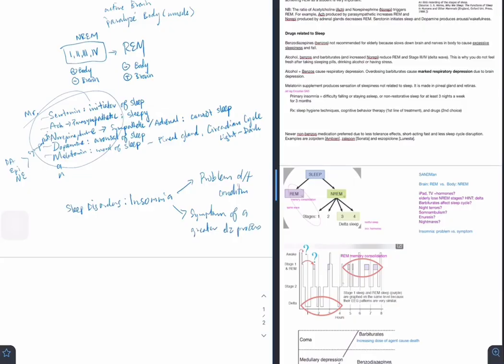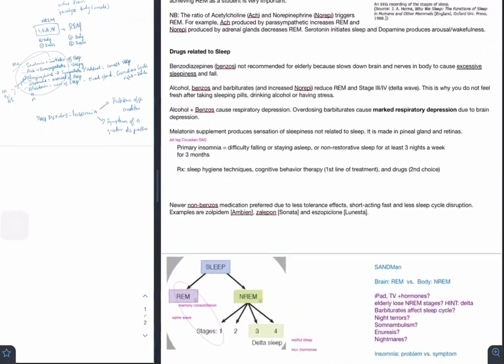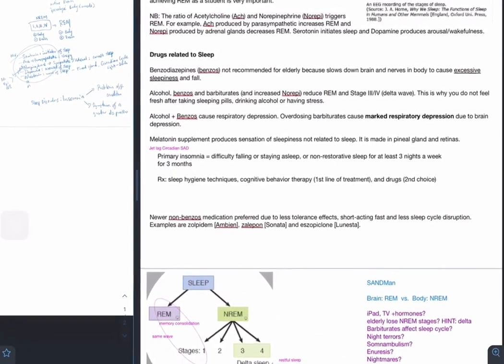So generally, we don't want to treat insomnia or sleep disorder. We want to find out what's going on. Okay, so with this basic and general overview, let us go into the lectures right now.